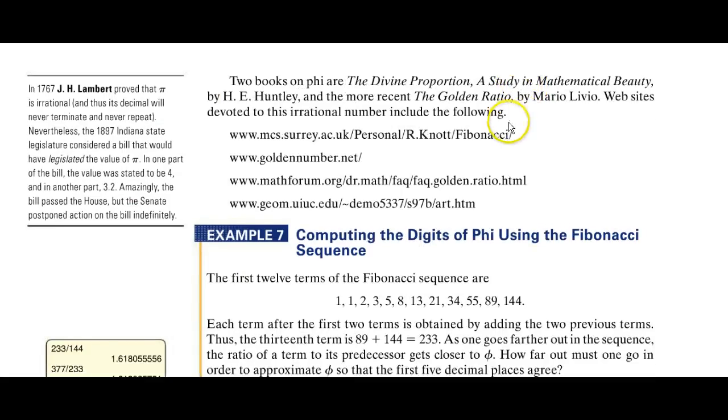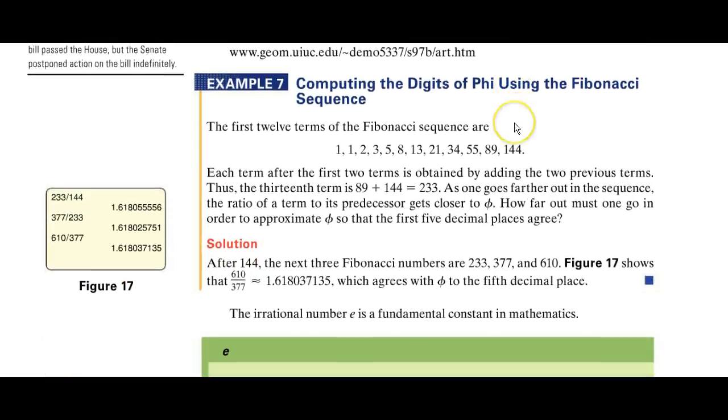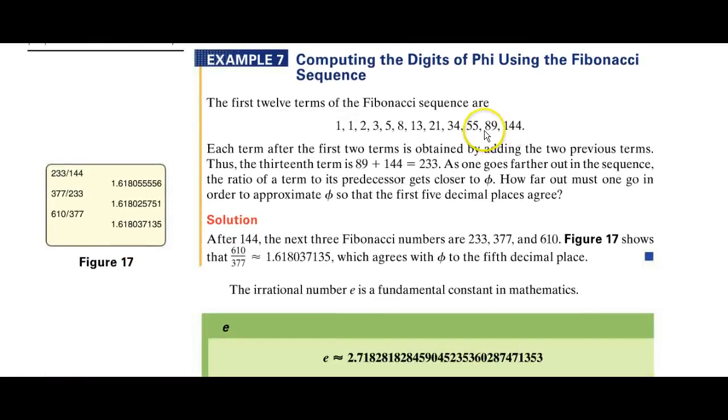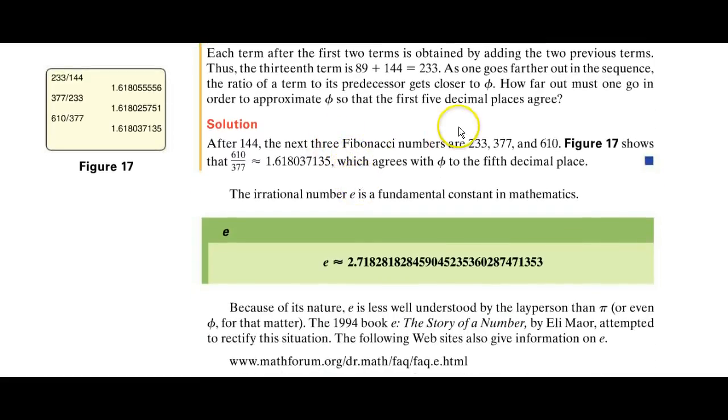And some more references, if you'd like to do something; again, we're not doing term papers in this course. The computing the digits of phi using the Fibonacci sequence. The first 12 terms are this, and it gives us this.